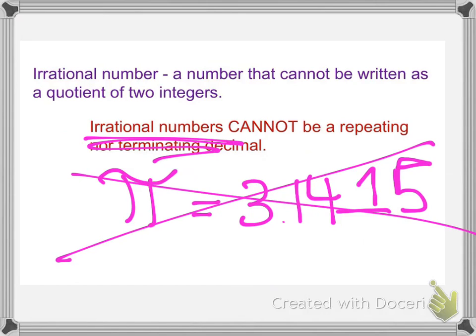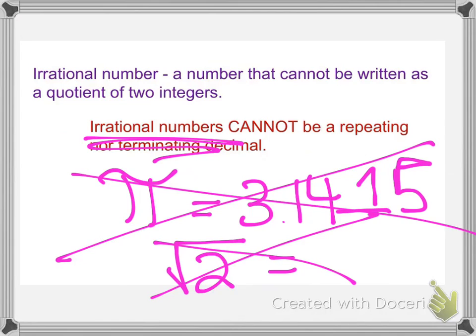Another example of an irrational number can be the square root of 2. If you were to find the square root of 2, it would come to a bunch of random numbers, so that is not a rational number.